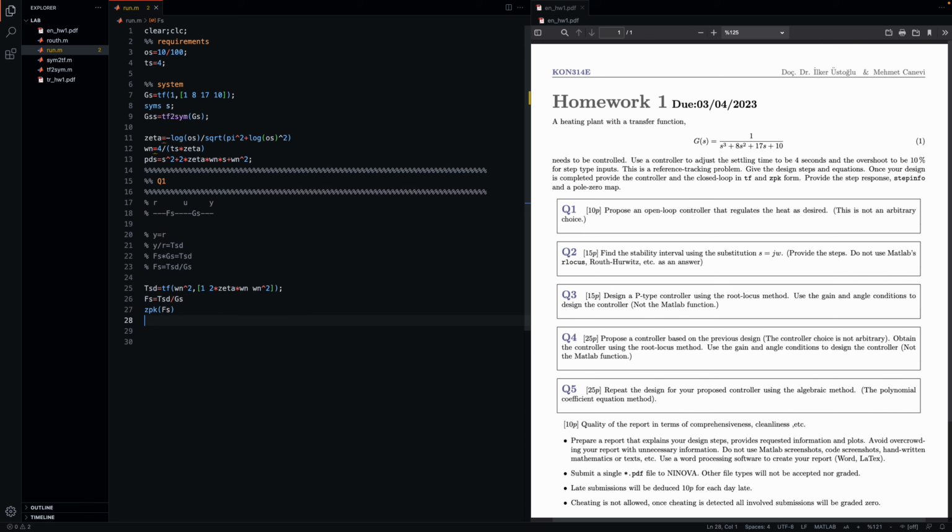Since we want to also have some documentation for preparing the report, what we can do is leave some semicolons out so that it generates some output or relevant stuff that we can then convert into our report. Now, this would be then fs times gs, and I'm going to use zpk_ts.